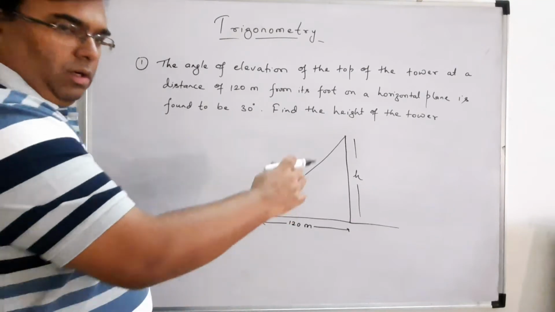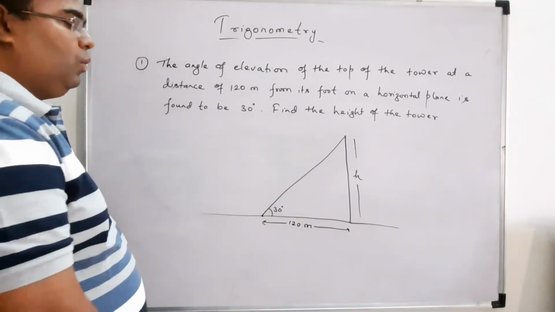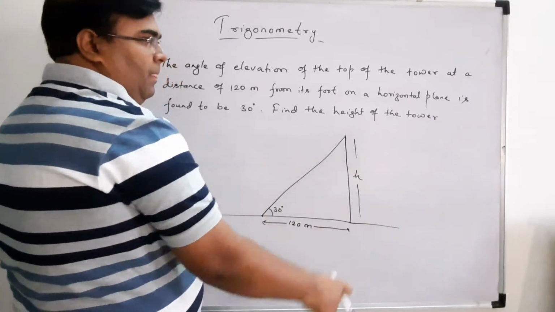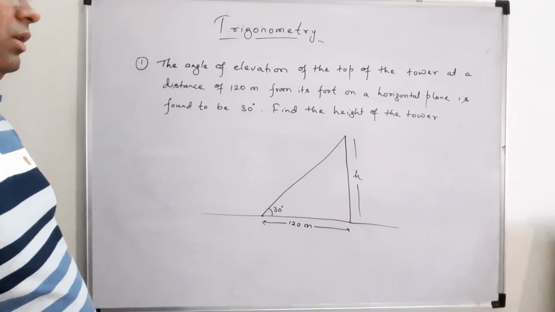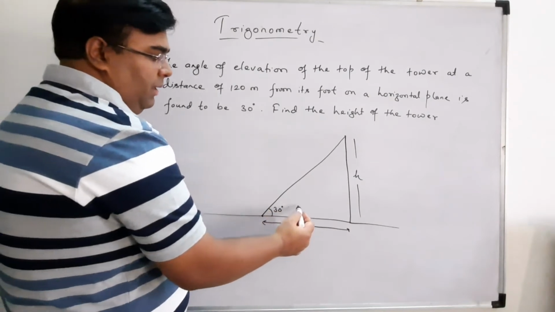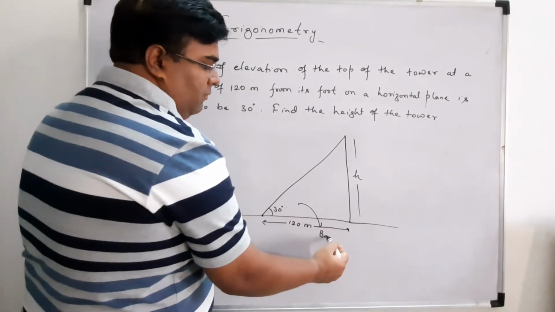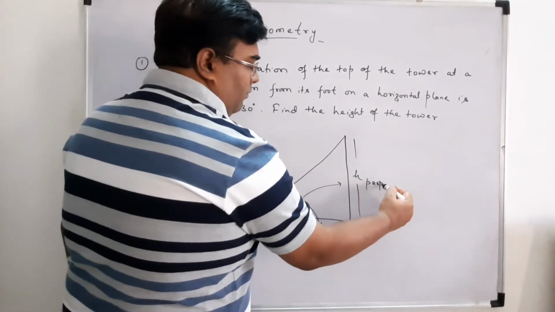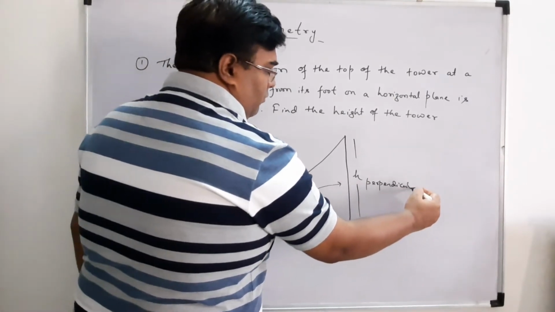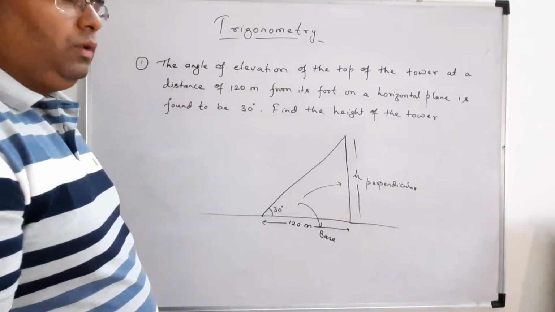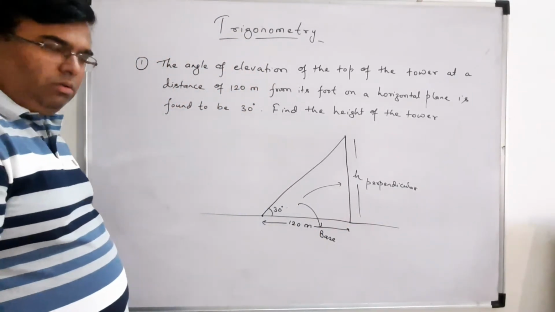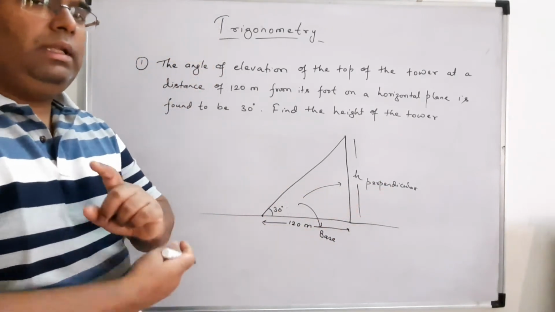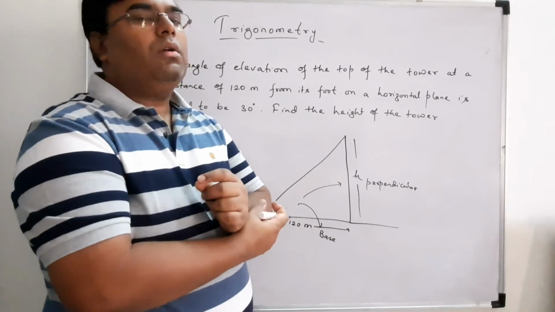We have got a right angle triangle in which one angle is there, one side is mentioned, and we are asking for another side. For this angle, this is my base and this is the perpendicular. So we will use a ratio which involves perpendicular and base, that is tan theta or cot theta.